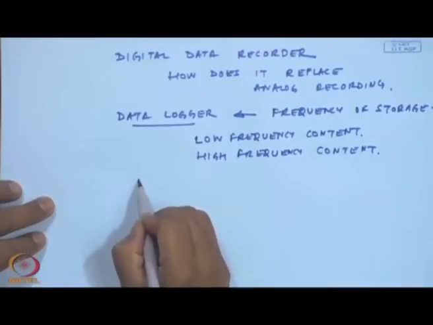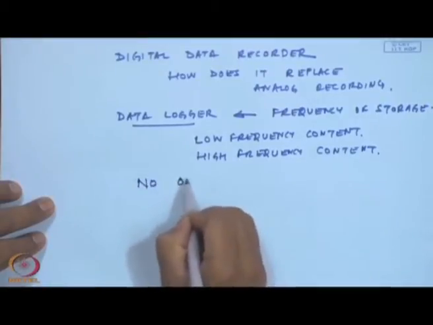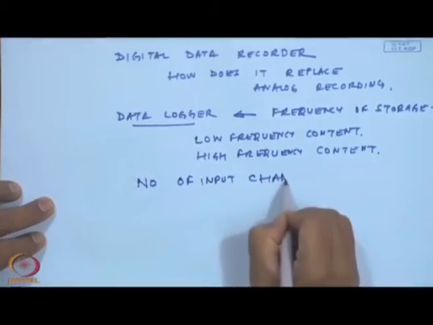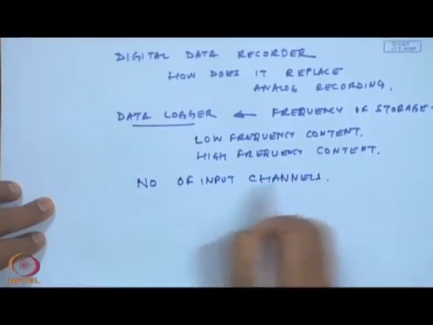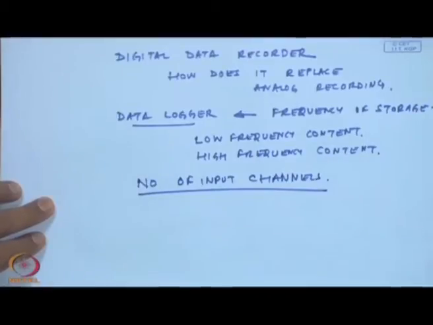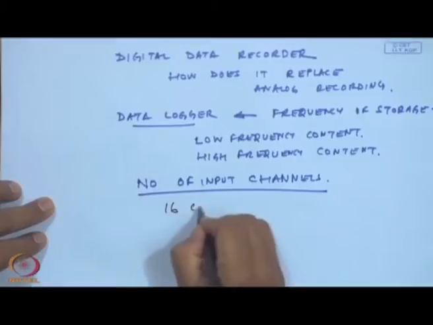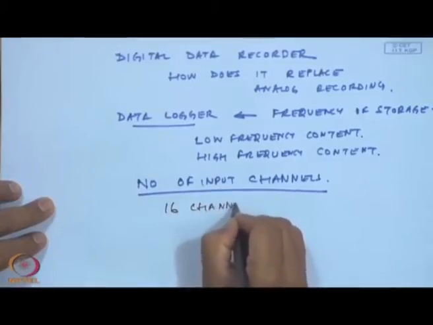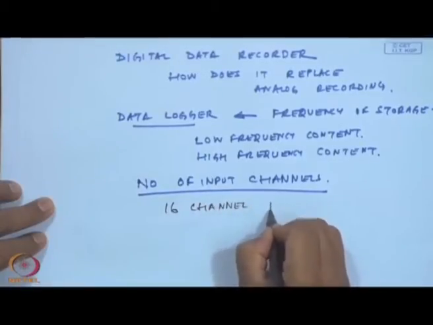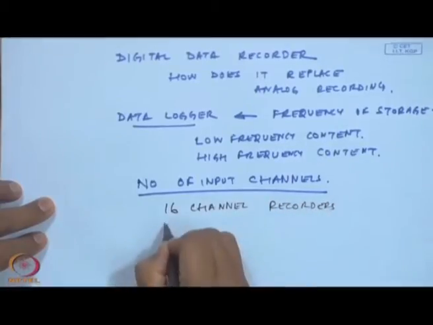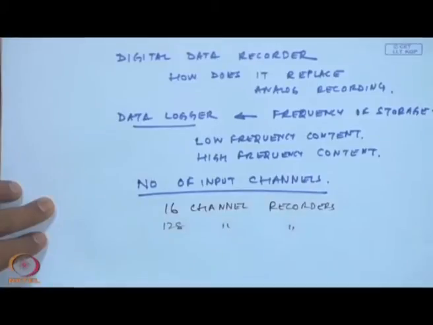In the same data logger, the number of input channels is also a very important characteristic. For example, there are 16 channel recorders, even 128 channel recorders and so on.